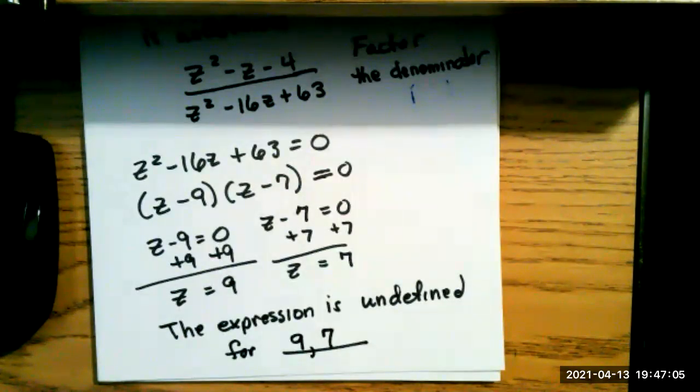Okay. The other things are the same thing. It goes from being the expression undefined to finding the domain. So that's when you do want to be sure to set it not equal to 0. Find out those numbers that are not equal to 0.